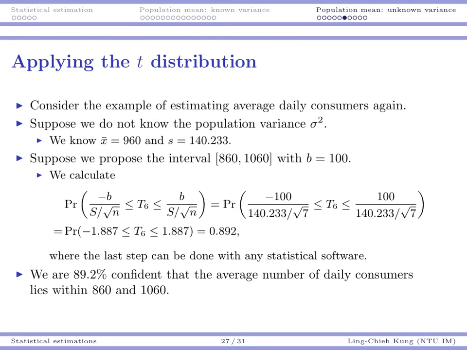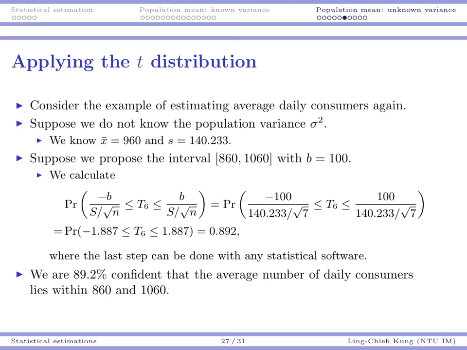Okay, so for example, suppose I now do not know the population variance in that 3000 store example. What we know now is only that the sample mean is 960 and the sample standard deviation is around 140. Then let's assume I want to propose the interval from 860 to 1060.